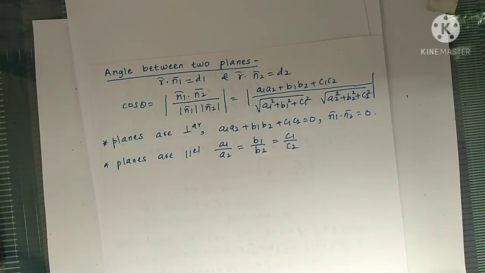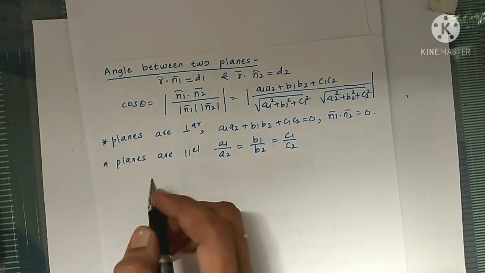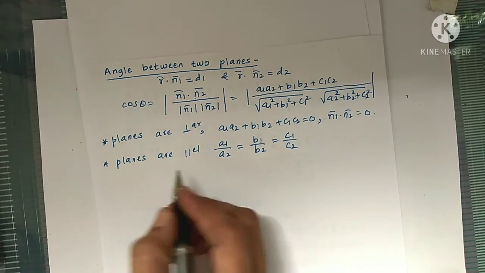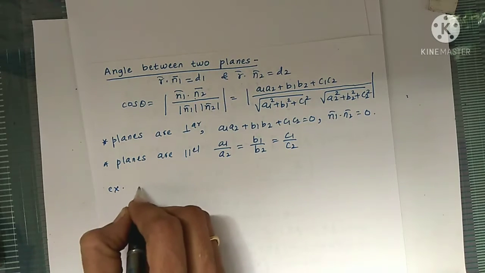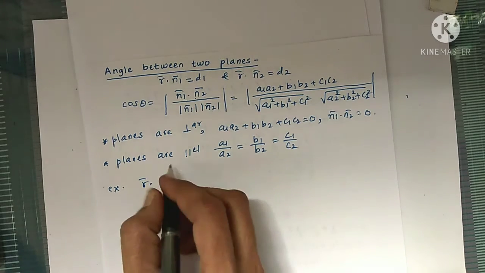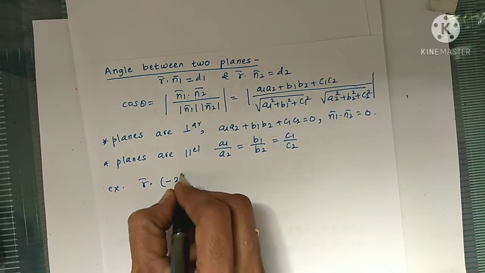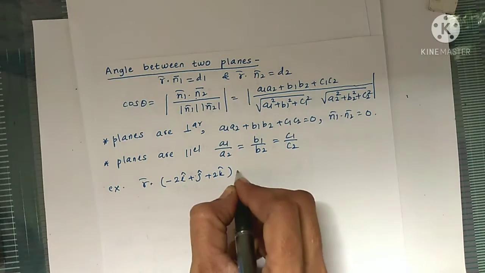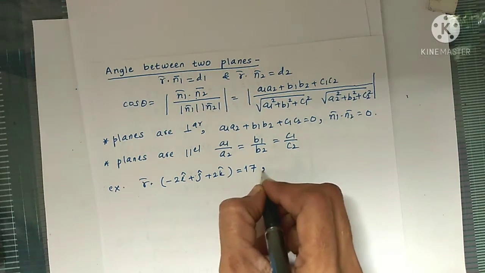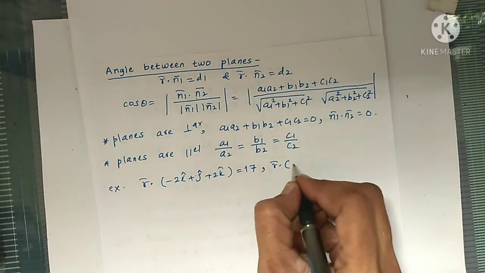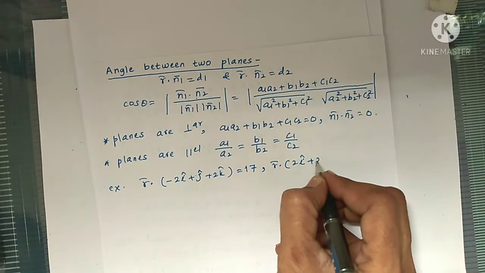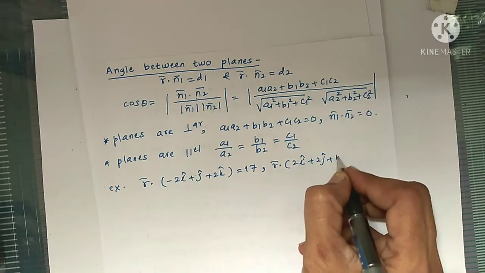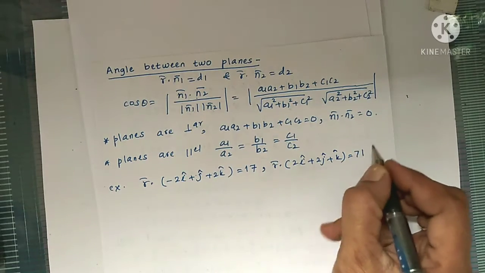Okay, so let's solve some questions based on this. First of all, let's find the angle between two planes if their equations are given. For example, the first equation is r bar dot minus 2i plus j plus 2k equal to 17, and the second equation is r bar dot 2i plus 2j plus k equal to 71.